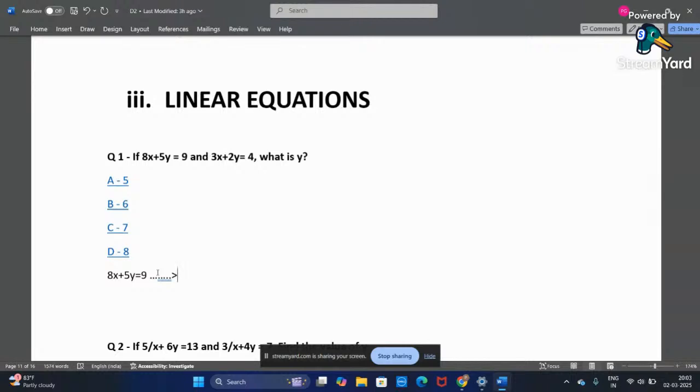Take this as equation A. Then 3x plus 2y equals 4, because instead of minus 4 you can write it as 4, no issue. Let us take this as equation B.